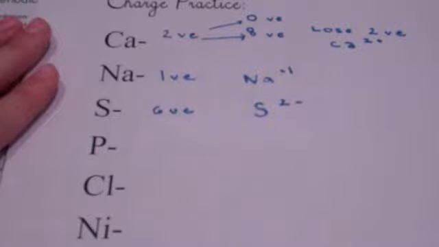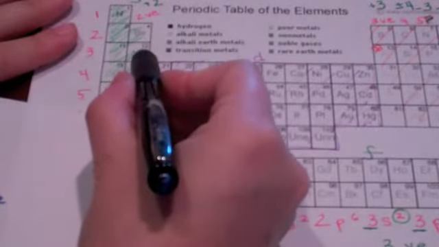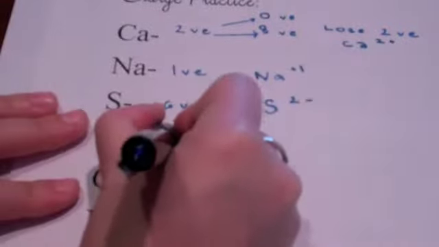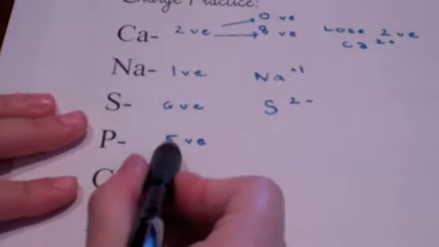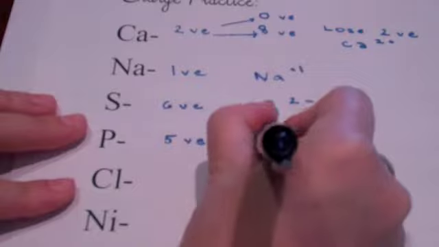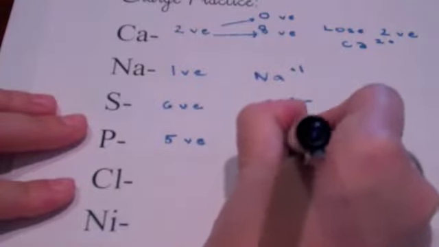Okay, let's look at phosphorus. Count across: 1, 2, 3, 4, 5. 5 valence electrons. Is it easier for phosphorus to lose 5 or gain 3? It's easier to gain 3 because you want to deal with the fewest number of valence electrons.